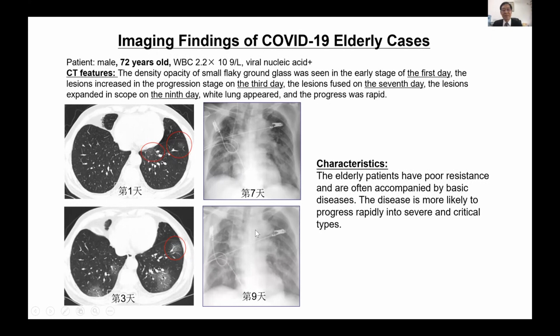White lung appeared and the progress was repeated. The point: the elderly patients have poor resistance and are often accompanied by basic disease. The disease is more likely to progress repeatedly into severe and critical types.